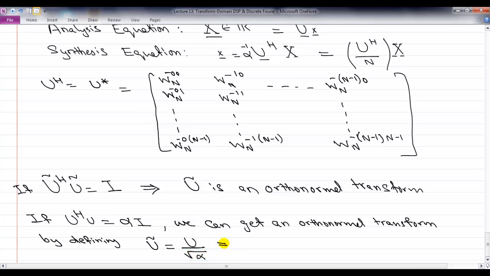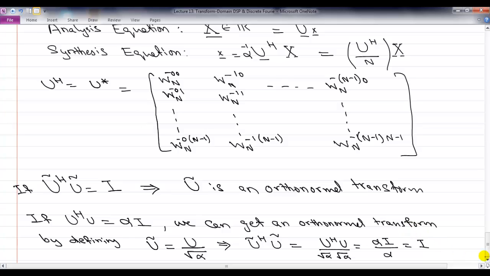If you do that, then what happens? U tilde Hermitian U tilde is equal to U Hermitian U over square root of alpha times square root of alpha. But U Hermitian U is alpha, and square root alpha times square root alpha is alpha, so you get identity.